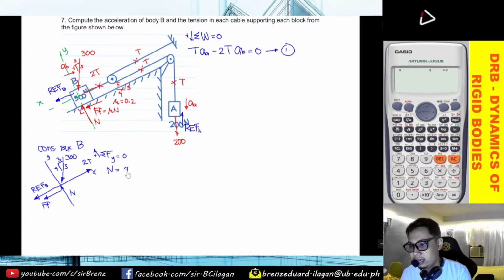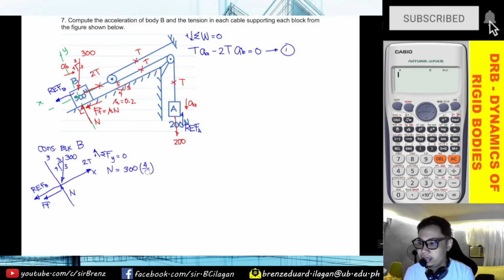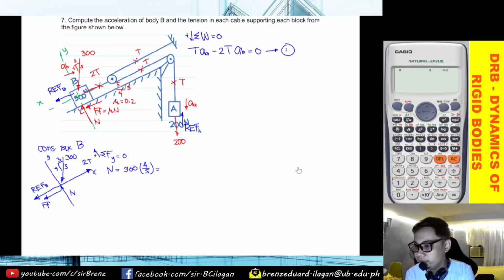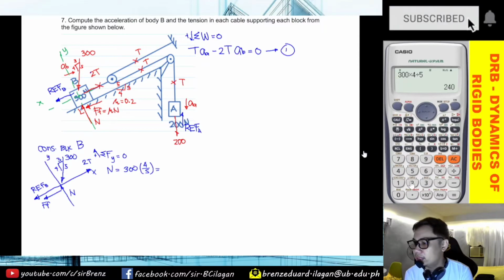So that is 300 multiplied by 4 over 5. So we have a normal force equivalent to, pindutin lang natin guys sa calculator. So 300 times 4 divided by 5. So that is equals to 240 Newton.